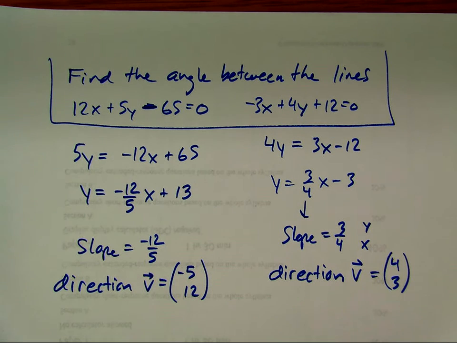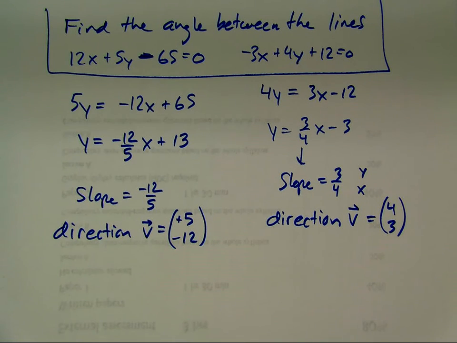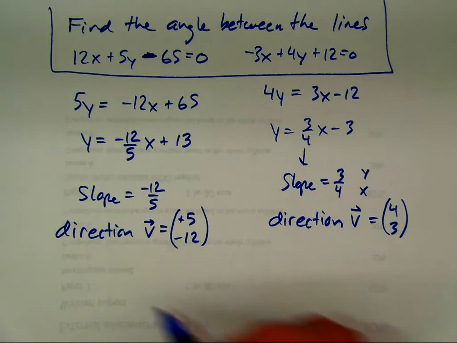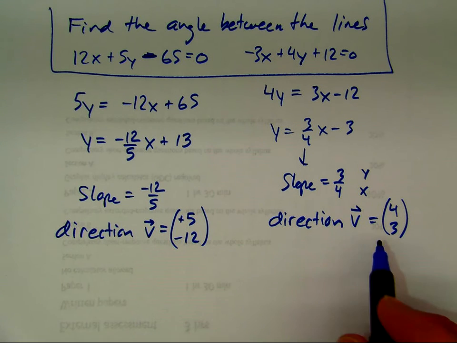It doesn't matter which one is negative. Let's make the 12 negative. All right, now we have two vectors, and we can find the angle between them. Go ahead and pause the video and find the angle between those vectors.